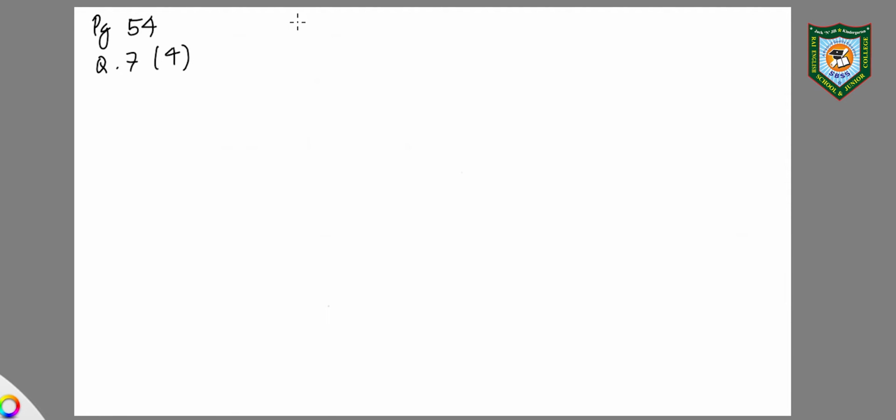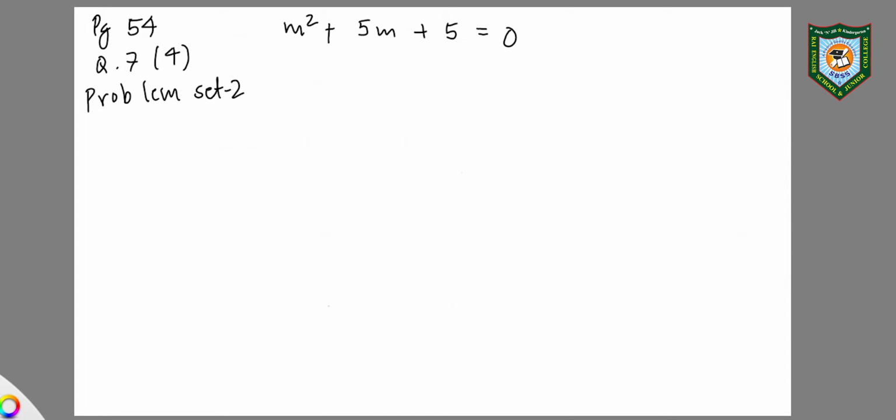So here we have m square plus 5m plus 5 is equal to 0. This is from problem set 2. So remember, we need to divide the whole equation by the coefficient of the degree of the variable which has degree 2.